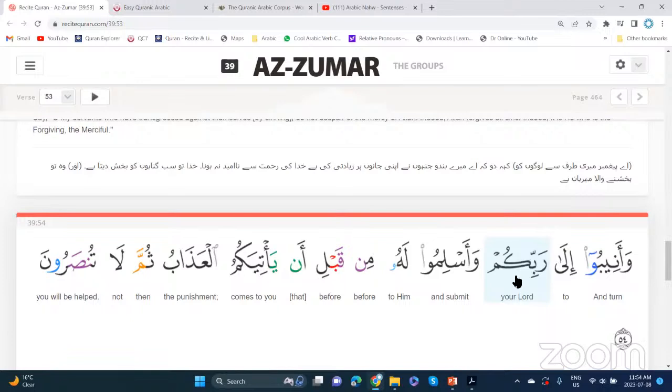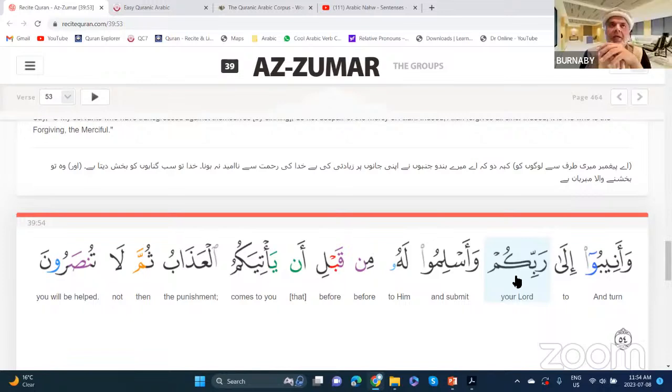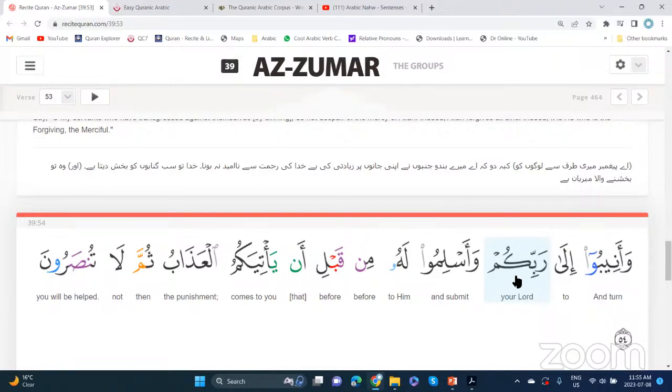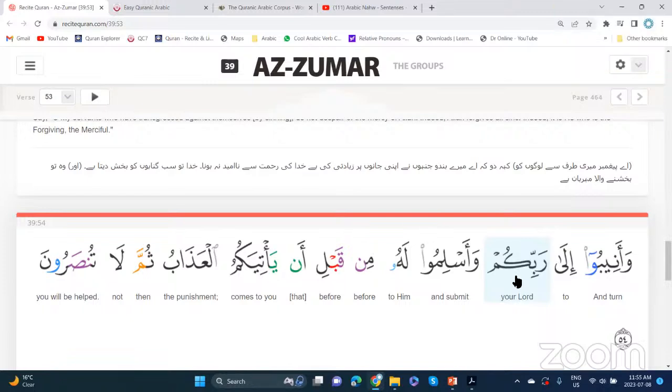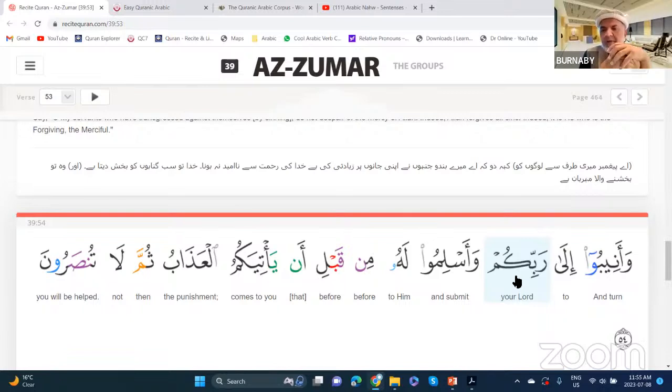I thought it should have a kasra, like li. Jar has some exceptions, and if you look at the list, when you attach them with the attached pronoun, most of the time it is going to be with the kasra, but there are exceptions where it is with the fatha, because if you say lihu, it doesn't sound good. So obviously the people of Arabic grammar every now and then make an exception based on how easy it is to say something.